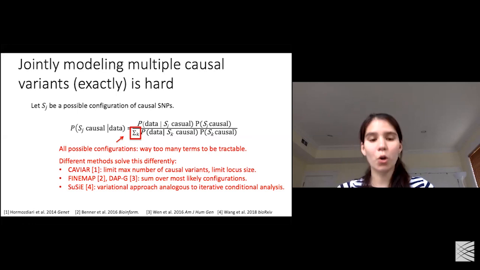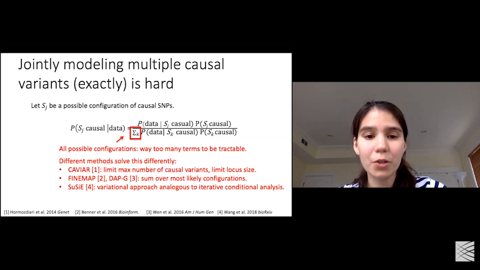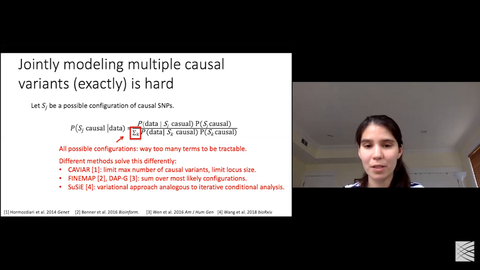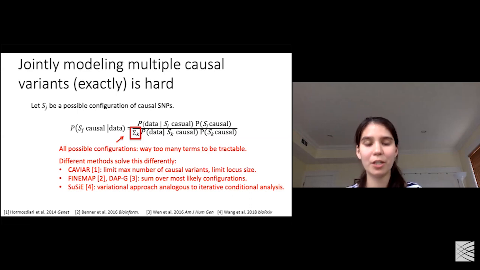This isn't a comprehensive overview of multiple causal variant fine mapping, but just to give a sense that when you want to do joint modeling of multiple causal variants, there's a fundamental challenge to the first way we would think of to do it. Then there's been a series of really nice work making that more and more efficient.